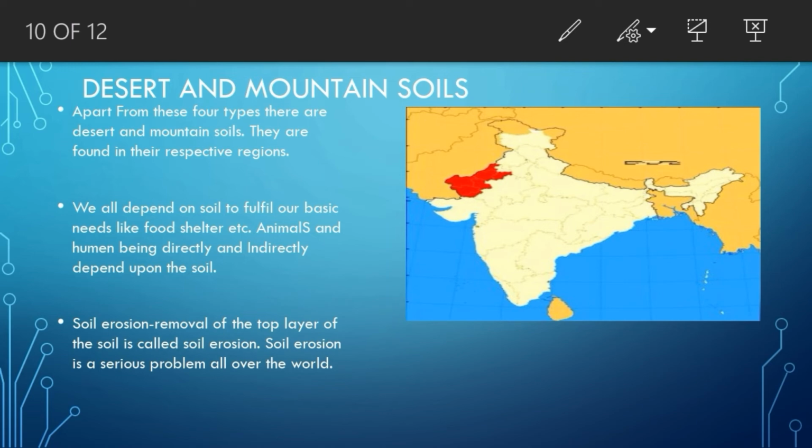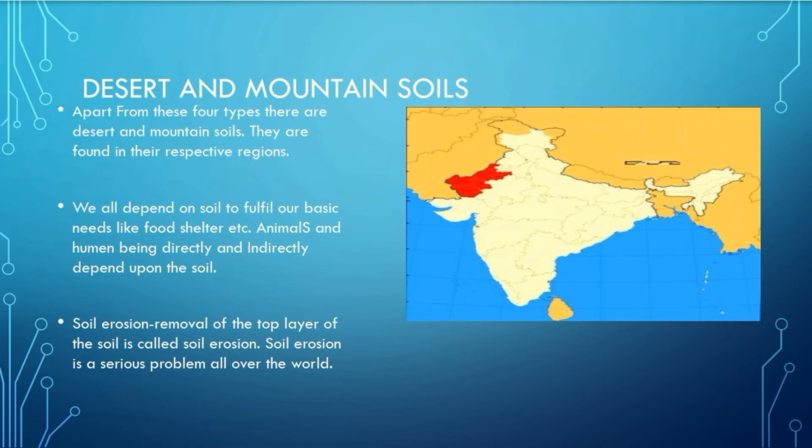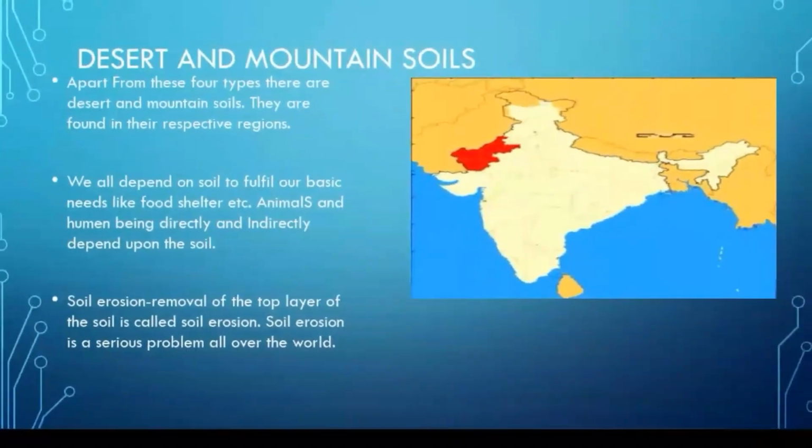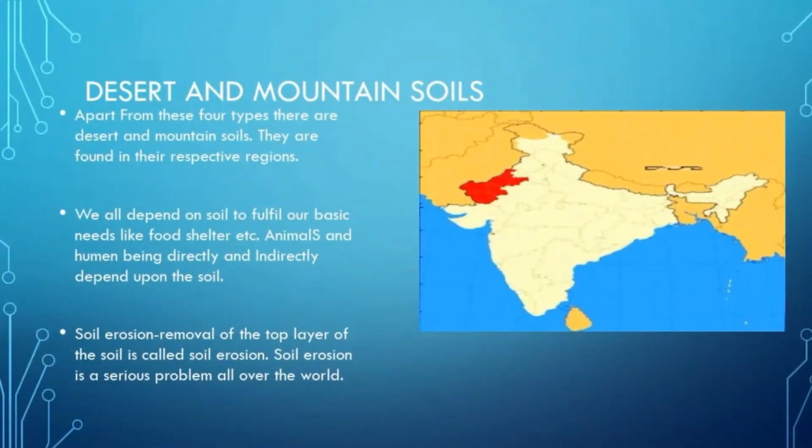Apart from these four types, there are desert and mountain soils. As the names say, desert soils are found in desert areas and mountain soils are found in mountain areas.